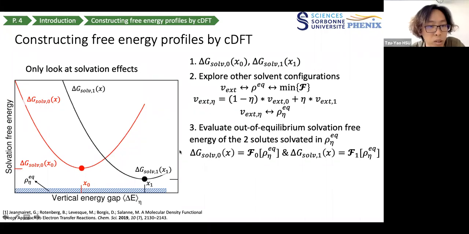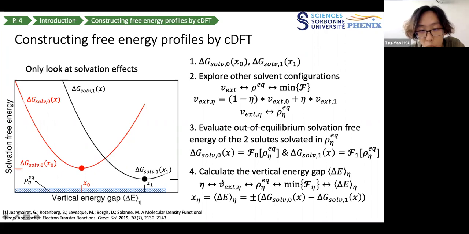And finally, we need a simple parameter that can represent solvent configuration and can be quantified. In our recent paper, we have shown a one-to-one relationship between the interpolation factor eta, the interpolated external potential, the intermediate equilibrium solvent configuration, and the vertical energy gap, which is defined here.